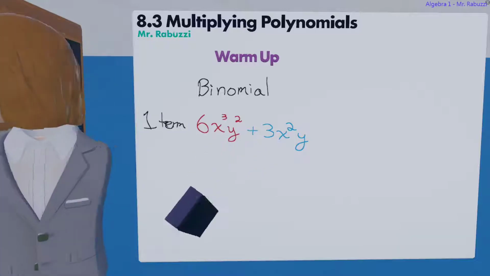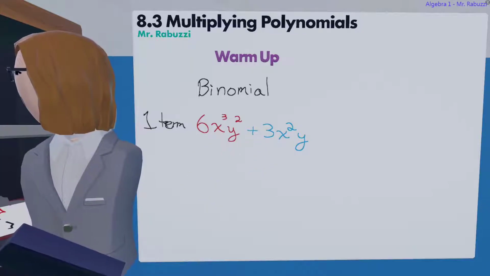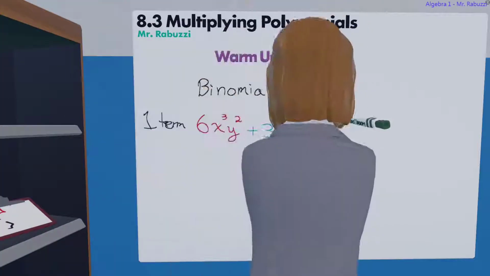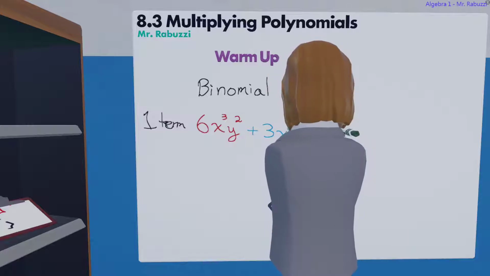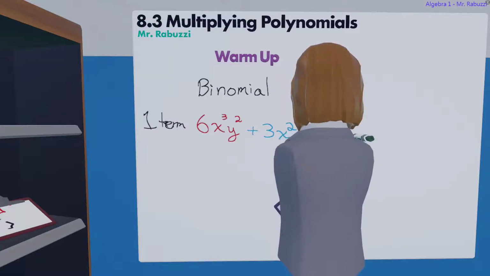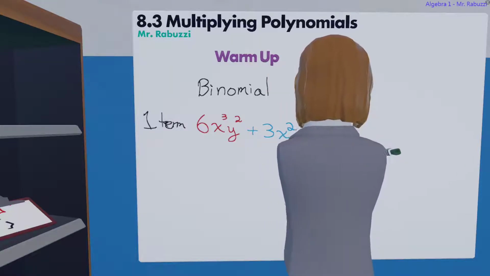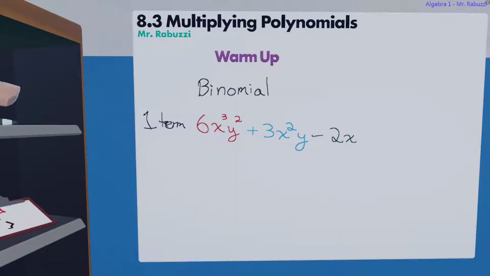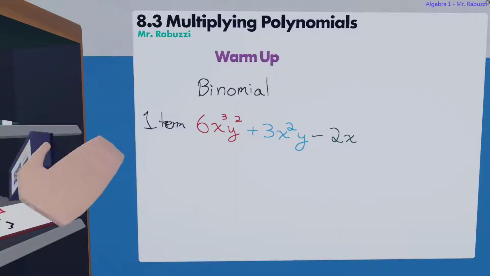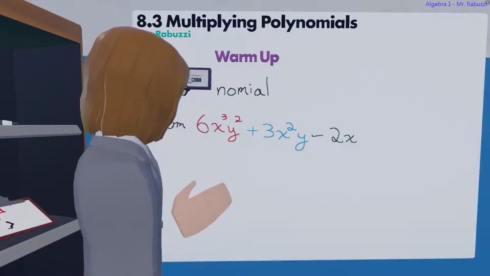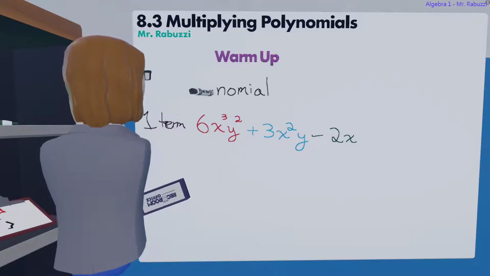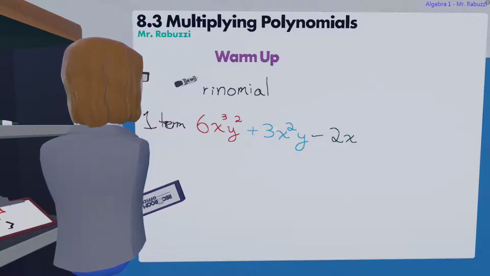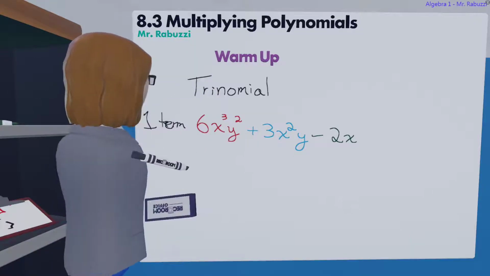It could be minus. So with that in mind, let me make a trinomial. Minus 2x. All right, but now it's not a binomial. Now it is a trinomial, like triceratops, it's 3, or tricycle, right?